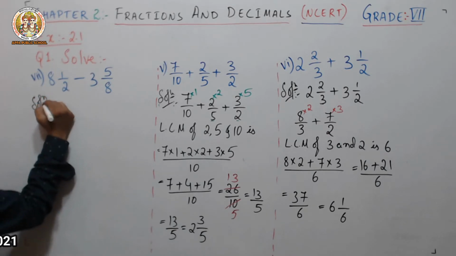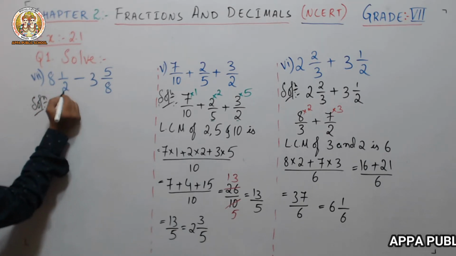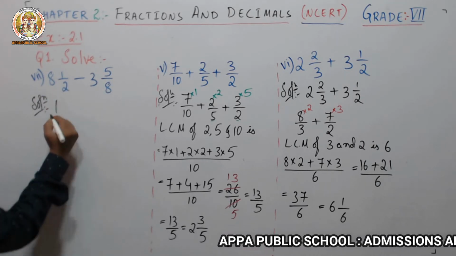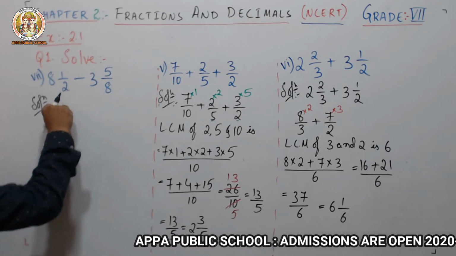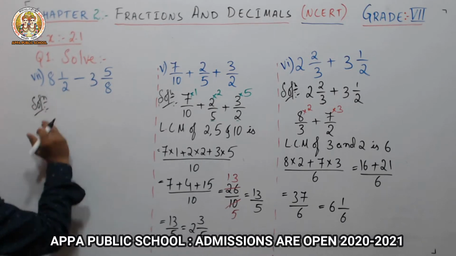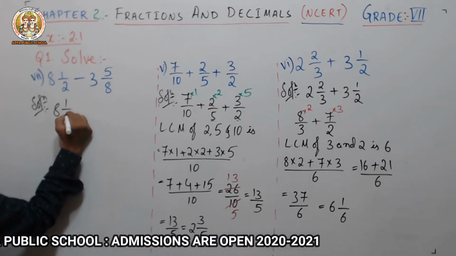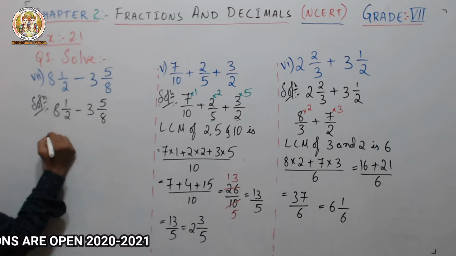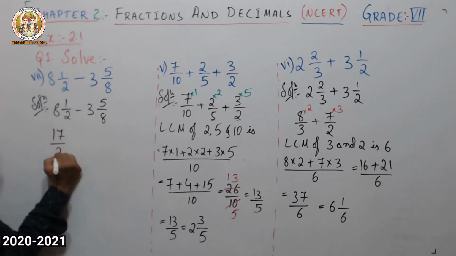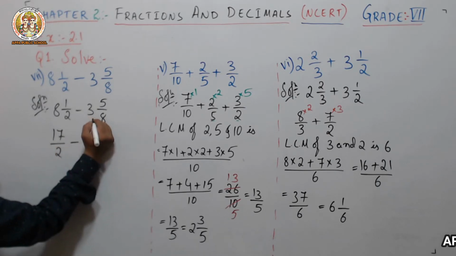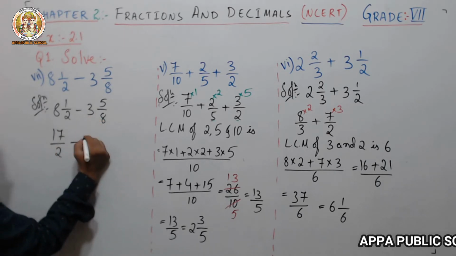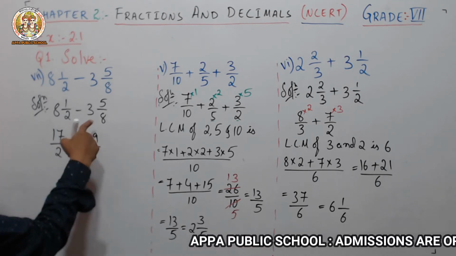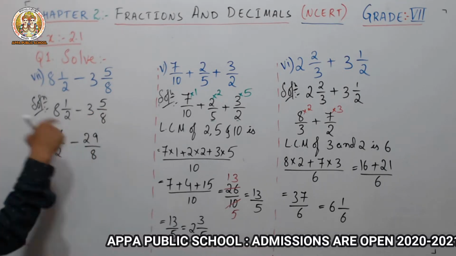Convert it into improper fraction. 2 8s are 16 plus 1, 17 divided by 2, minus 8 3s are 24, 24 plus 5 is 29, divided by 8 as it is. 8 ones are 8, 8 twos 16, 8 threes 24, 24 plus 5 is 29 only.